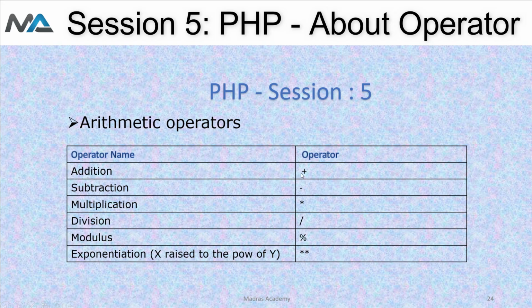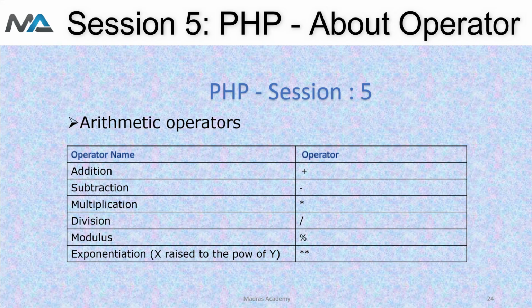So how to write this? Plus, minus, into, divide, modulus and exponential operator. For that we need to write the into symbol 2 times. Okay. So whatever value you are going to give in x, that value will be raised to the power of y. Okay. For example, for the x value you have given 10.